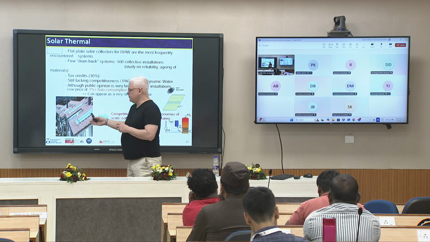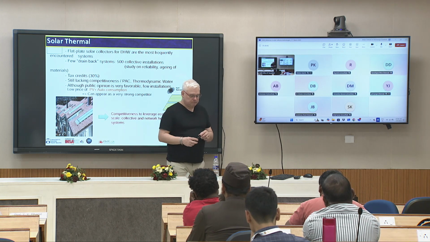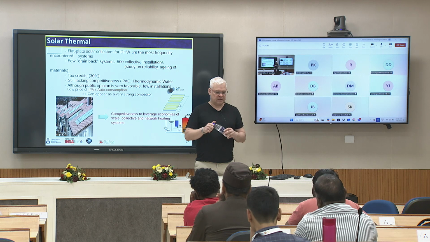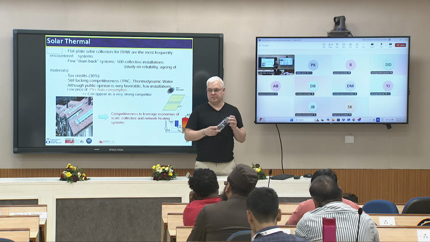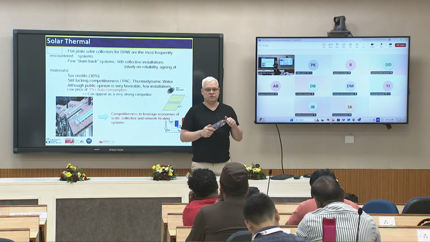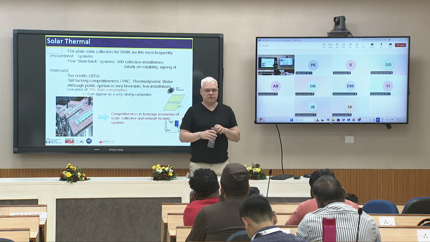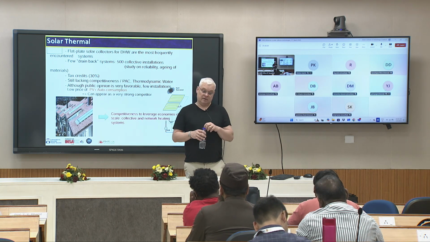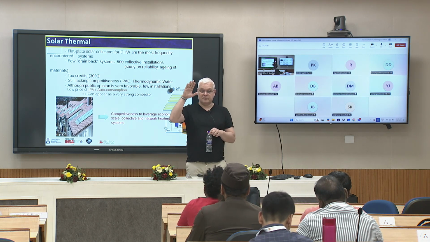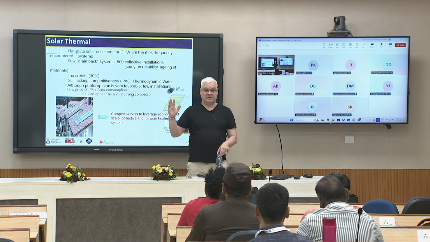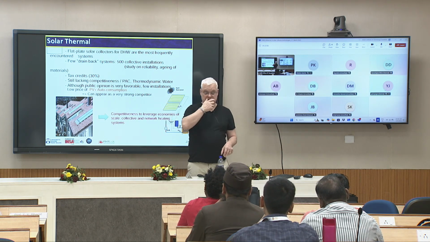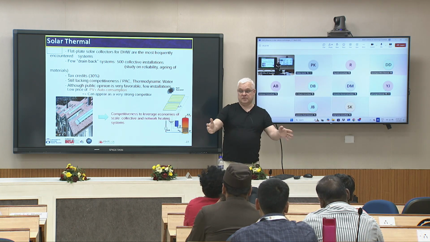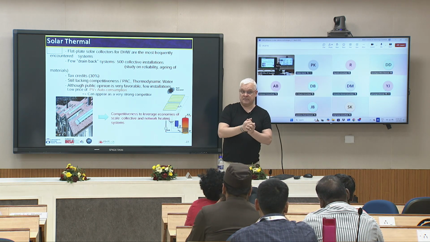For solar thermal for domestic, for example, there is one constraint, which is what we call stagnation temperature. It is also a problem with solar thermal. When you don't use it, it's getting hot, hot, hot. You have to evacuate at a certain stage, or you can see some people put a screen on the solar thermal.